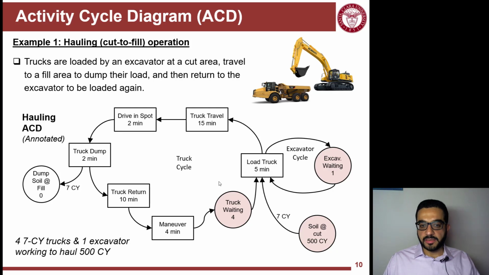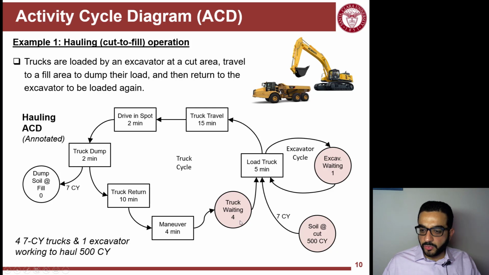And then I can detail or annotate it now by adding the times that I have observed while watching the video or observing the process in reality. So the times, assuming that this is what I observed.